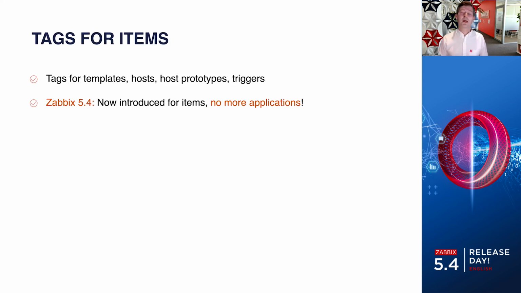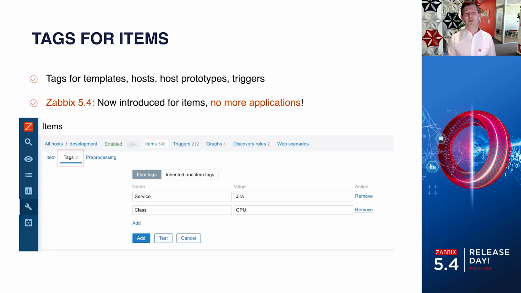It means that no more applications are supported. We do not support applications anymore. And we replace them with, I believe, a much more flexible concept of named tags. So you may have tag information, you may have tag values, you may have as many tags as you want. And I think, of course, it is much more flexible compared to the existing application.